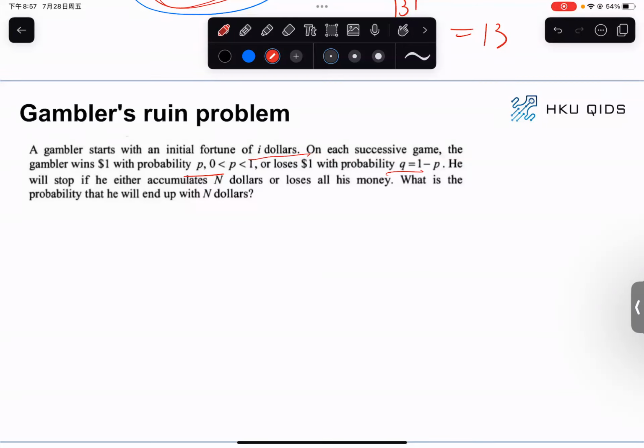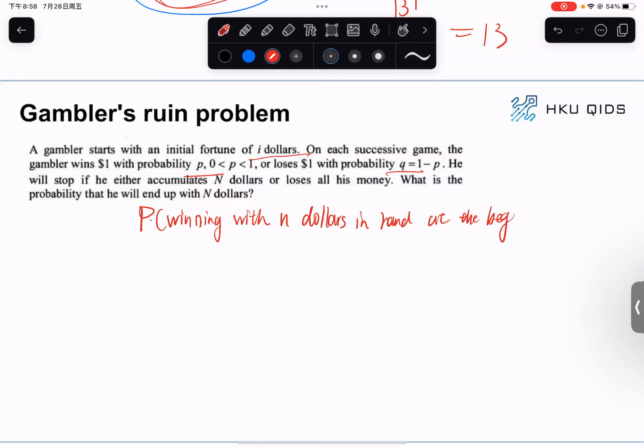So let's say the probability of winning, let's just use smaller n, okay, with n dollars in hand at the beginning, we denote this as Pn.